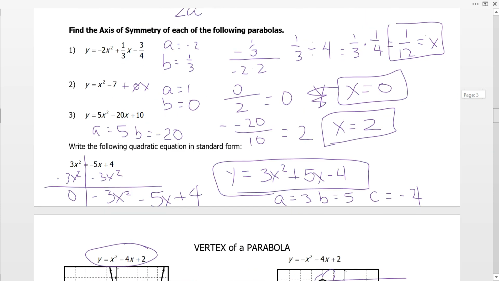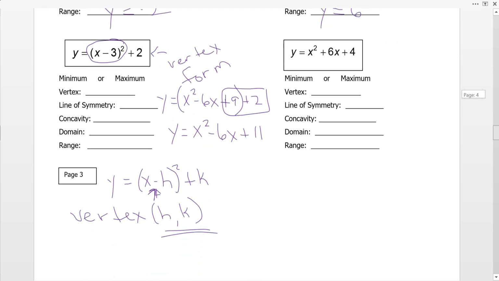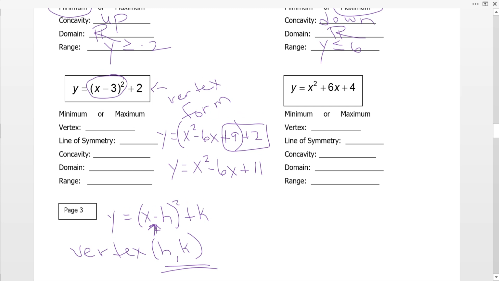So when I'm looking at this equation that I wrote, x squared minus 6x plus 11, it's going to open up, and I'm going to have a minimum. The vertex is 3 and 2. I don't take the minus sign with me, it's just part of the equation.